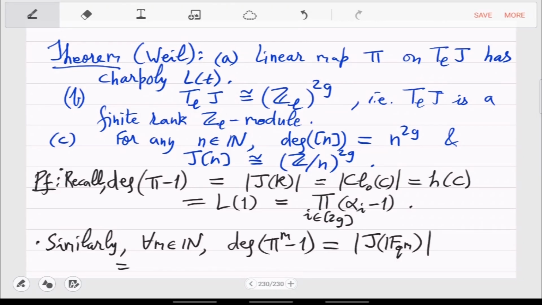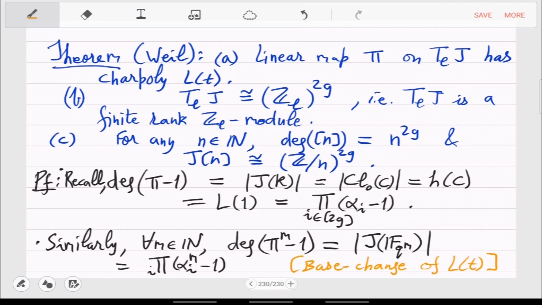Which now will be the product of alpha i to the m minus 1, because of the base change of L. So if you change the base field, we have seen that all that happens is the L polynomial changes, the alpha i's get exponentiated by m.